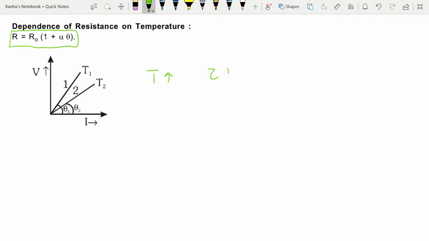So tau will decrease. You can note from here that the two slopes are tan theta 1 and tan theta 2, and previously we saw that tan theta is similar to the resistance. That is why R1 is greater than R2 as T1 is greater than T2.